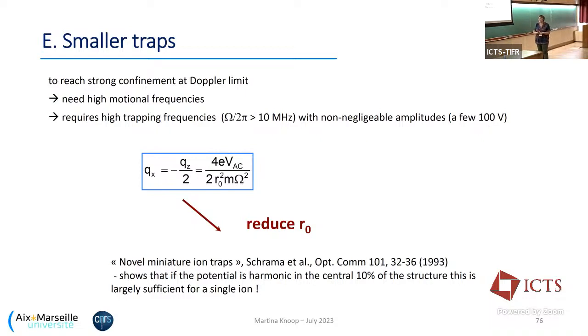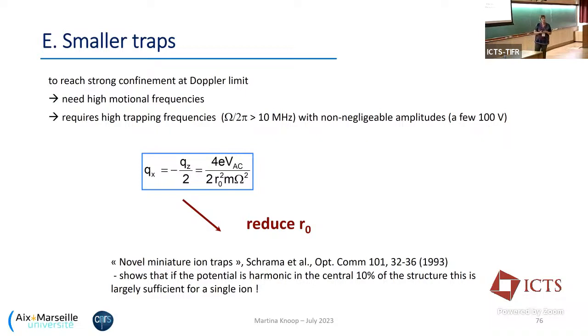And I have also introduced one of the main items in a radio frequency trap, which is a strong confinement regime, where we can go to a regime where the particle is stored in or localized to a space which is small compared to the wavelength it's probed by.